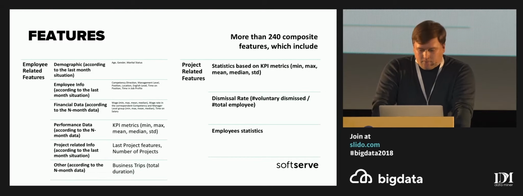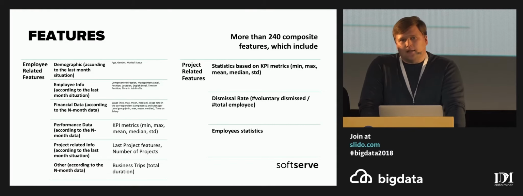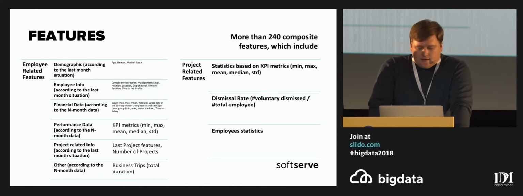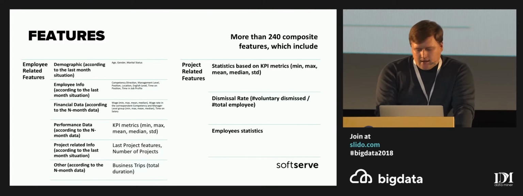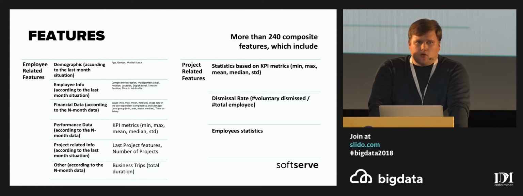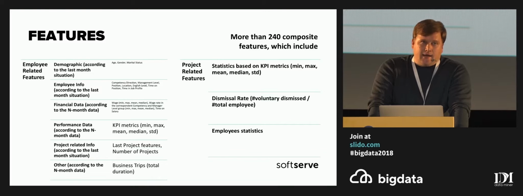For example, we have a new manager on a project, or the company has a new project, and one-hot encoding doesn't work in this case. So we describe the values of categorical variables through other features.